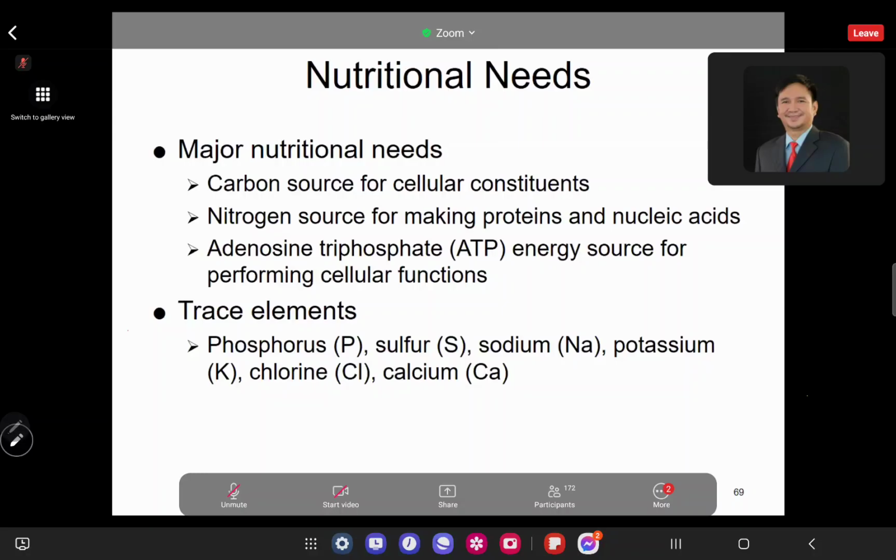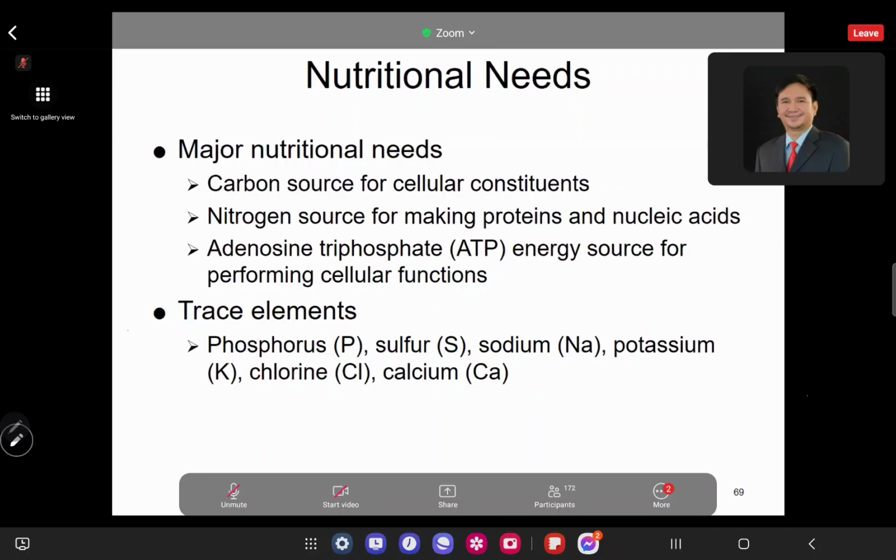And then your ATP, which provides energy for cellular functions and biochemical reactions. You have also trace elements. So these are the elements needed by bacteria to grow. And guys, these are the basis of developing new culture media.